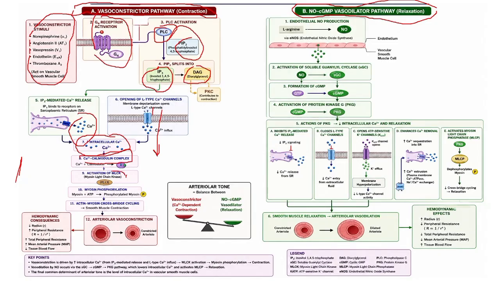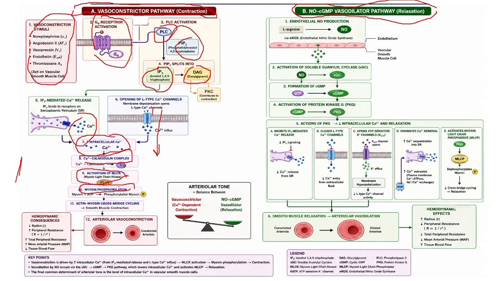The myosin light chain kinase acts as a contraction switch. How does that happen? It happens because this MLCK leads to myosin phosphorylation.